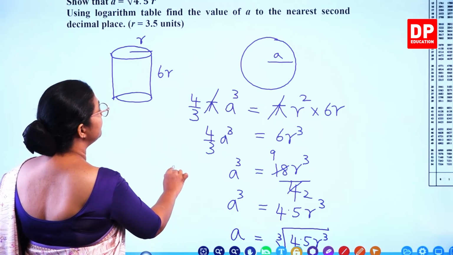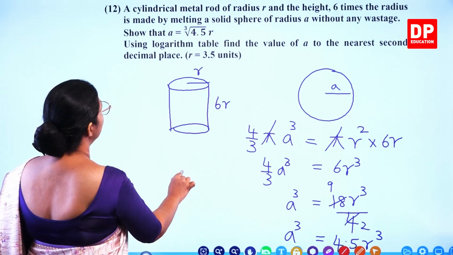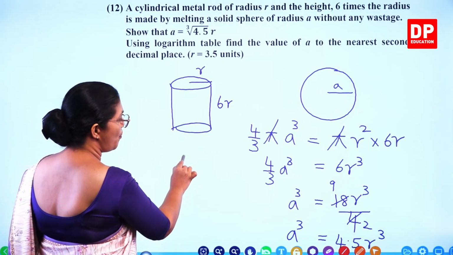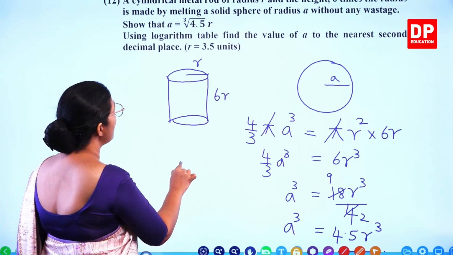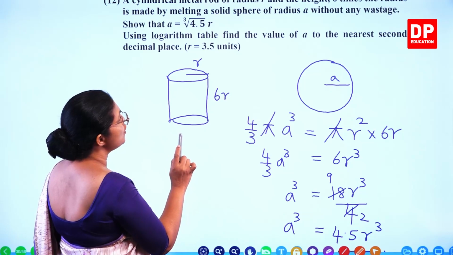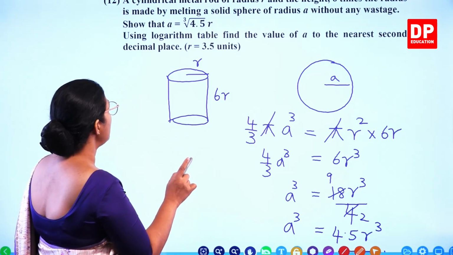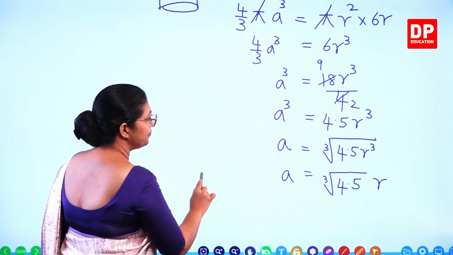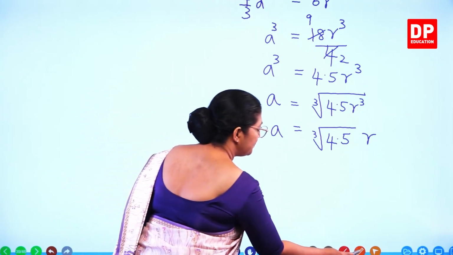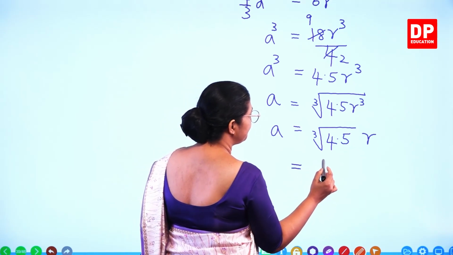So what's the value? A equals cube root of 4.5 into r. Then using logarithmic table, find the value of a to the nearest second decimal place. R take as 3.5. So let's do that. So r is 3.5.